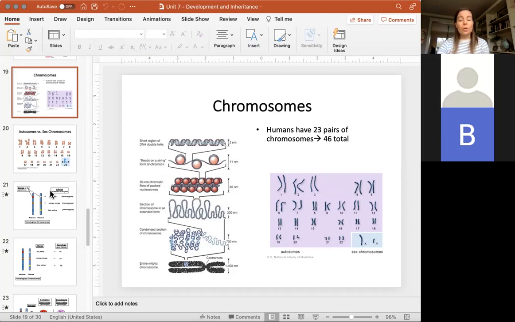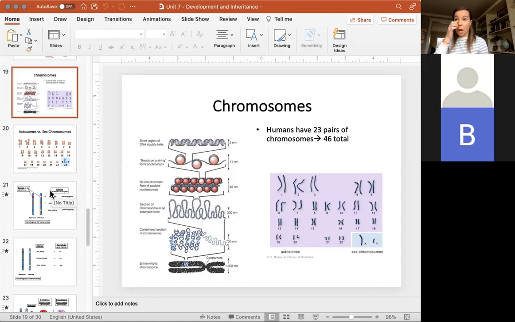Knowing what we know about chromosomes and genes, if you have two individuals having offspring, we can predict what traits, what genes the offspring would have. And we can do that using a Punnett Square.